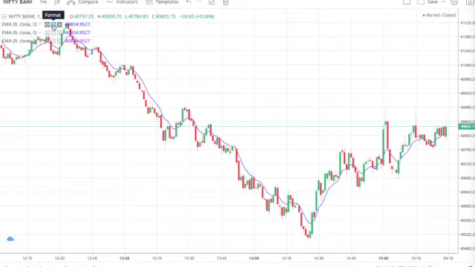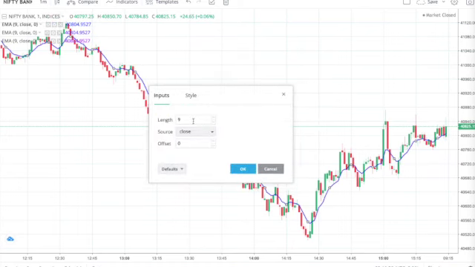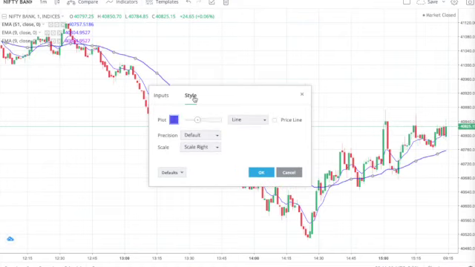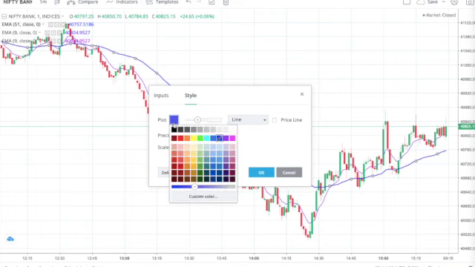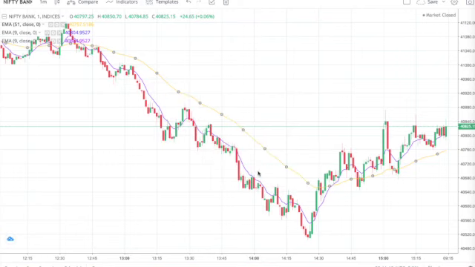We will be changing a few of the settings in this particular EMA. So what settings are we going to change? First setting, the length of the first EMA we will be changing to 51. We are changing the color of this as well; let's keep this color as yellow.